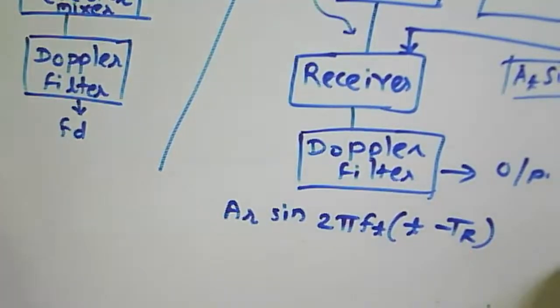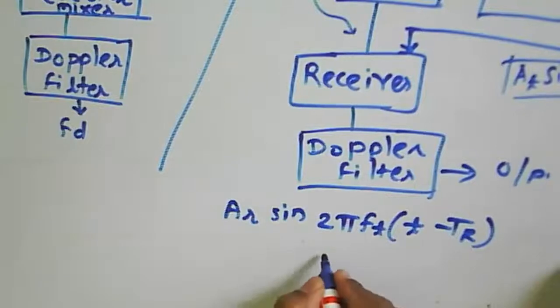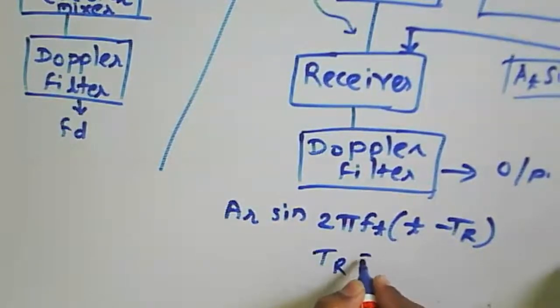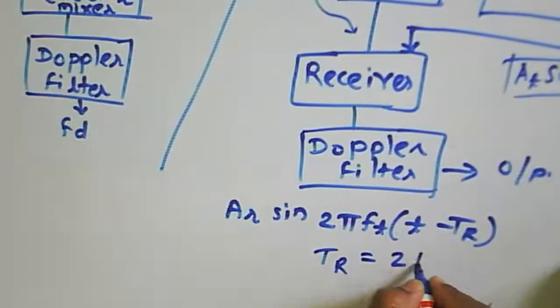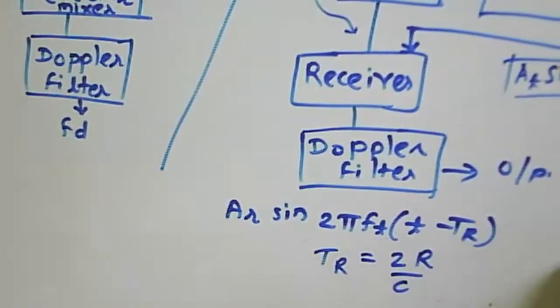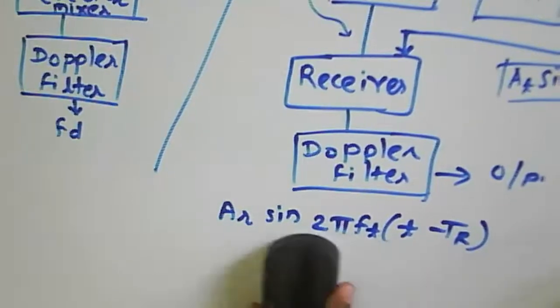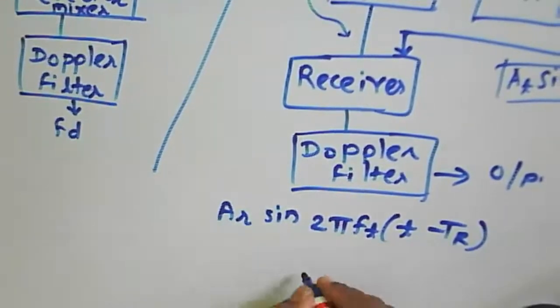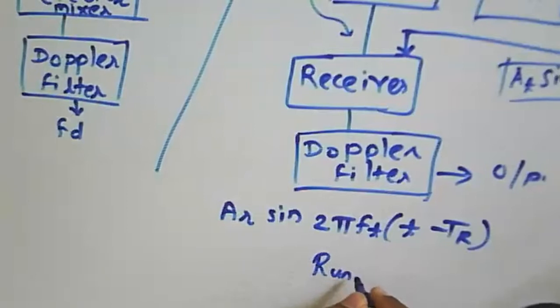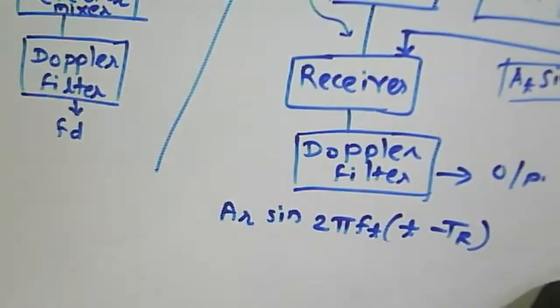So how to calculate that? We can consider that the round trip time TR is equal to 2R by C. That is nothing but your round trip time. Now from this we can find the unambiguous range. We'll talk about the unambiguous range later.